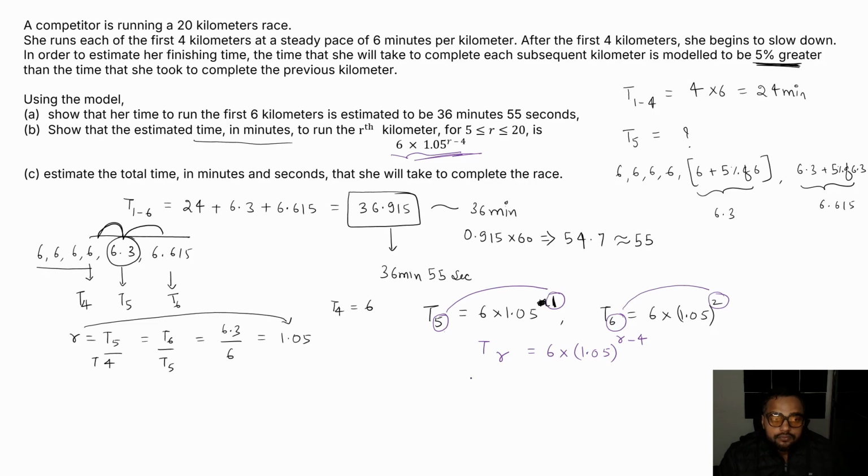Now in the third part, estimate the total time in minutes and seconds that she will take to complete the race. For the first 4 kilometers, 24 minutes was required. For the fifth onwards, I'll write it again.